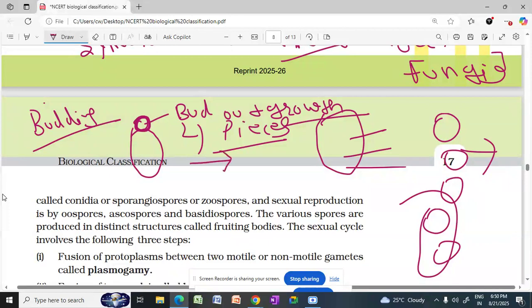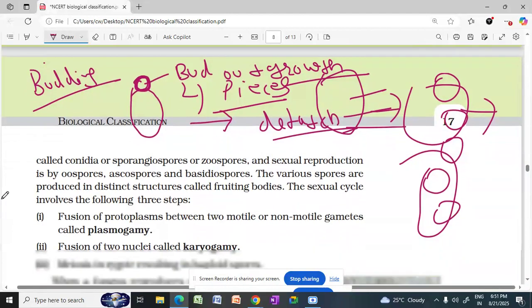As it matures, this bud will detach from the parent cell, and then it produces a new organism. Right? Now what about fission?